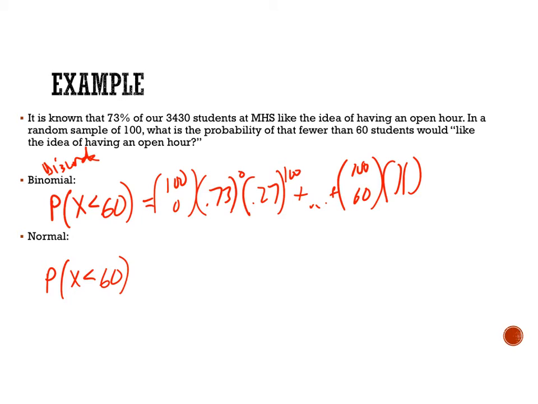Now, this all really is a binomial CDF with 100 trials and a 73% chance of success. Oh, sorry, I said 60 there. That should be 59 because it's actually less than 60. My fault, 59. So this would be 59.